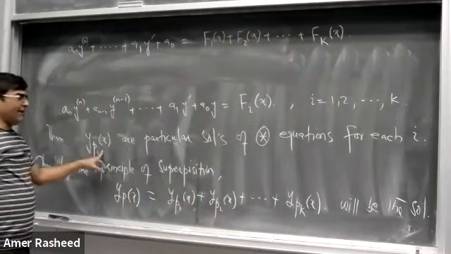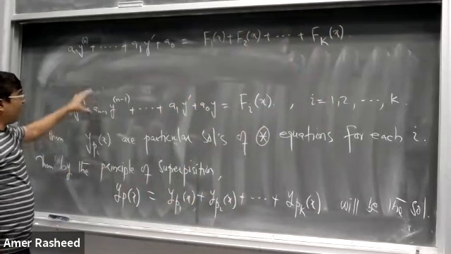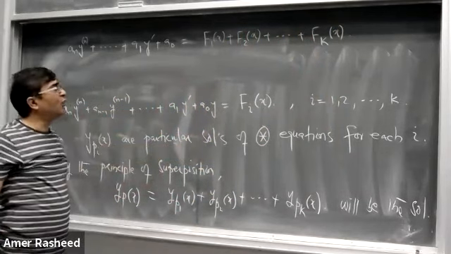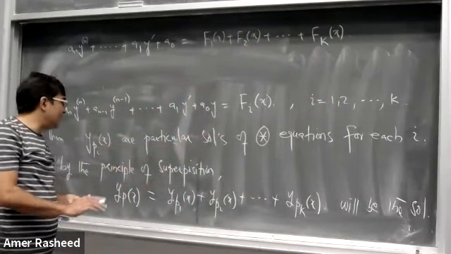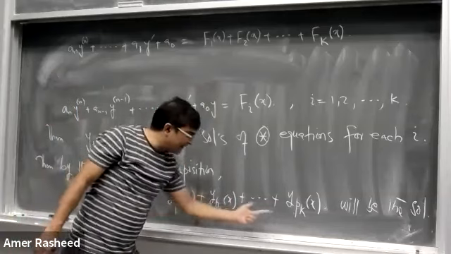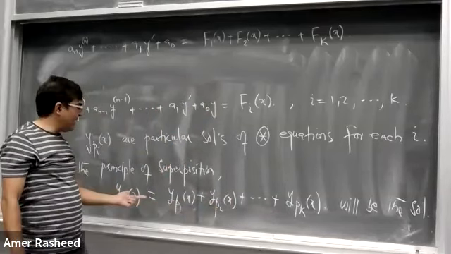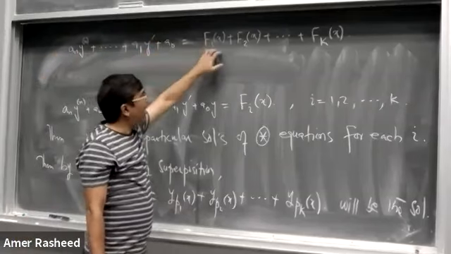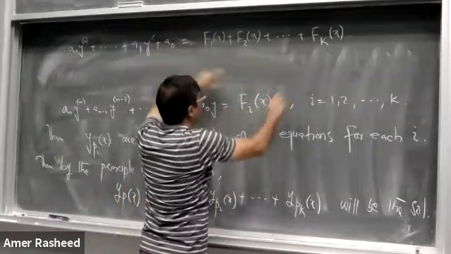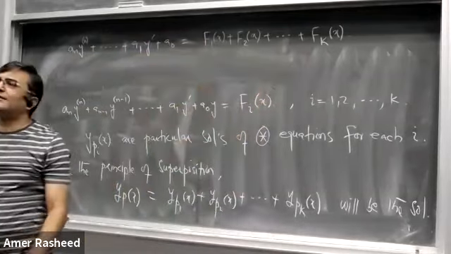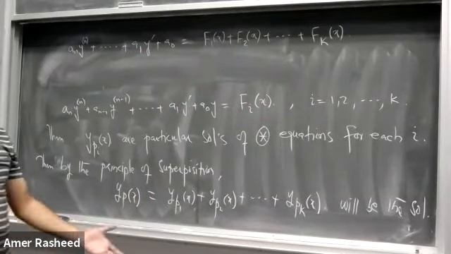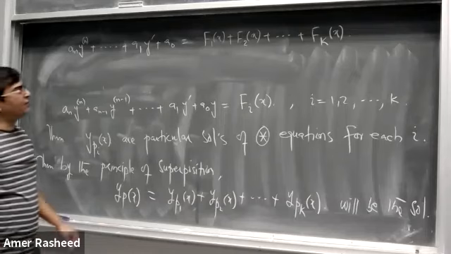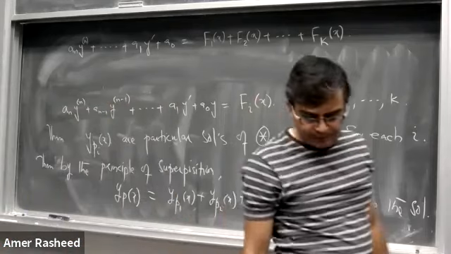If ypi for each i are the individual particular solutions of all these equations, then the principle of superposition tells us that the sum of particular solutions will be a particular solution of one differential equation whose right-hand side has the sum of all these functions. This is what the principle of superposition tells us in this case. I hope you get it. If you have any question, you can ask me.